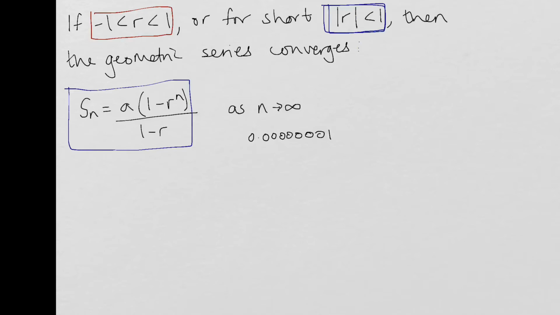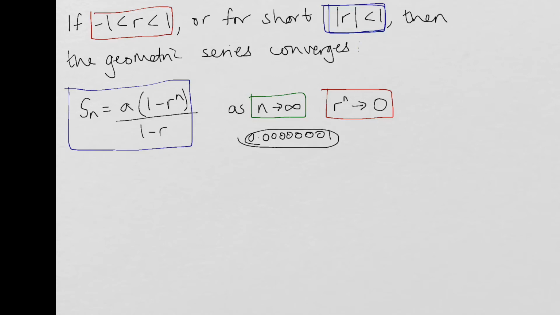So as n tends to infinity, what happens to this value of r? Well, the value of r to the power of n becomes so small that we can say it tends to 0. So that's this idea here, that it becomes so small that we can just completely ignore it.